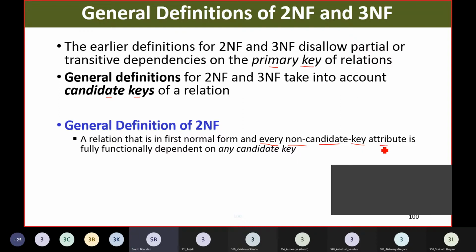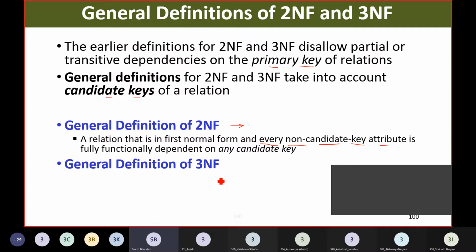Now, while generalizing the definition of 2NF, instead of considering a single primary key, we are considering all candidate keys. So we are saying that a relation that is in first normal form and every non-candidate key attribute is fully functionally dependent on any candidate key. So that is the difference. Obviously this general definition of 2NF is somewhat more complex than the earlier definition, and it is putting more constraints.